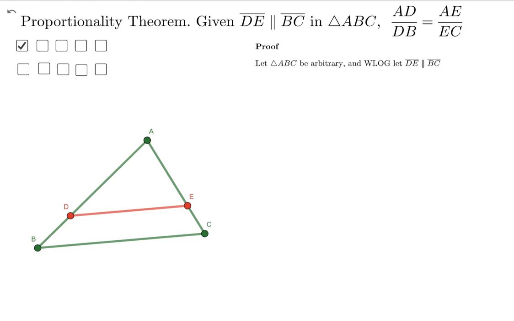Right, so the setup is that we have some arbitrary triangle and you pick any point, let's say on the segment AB, you draw a line that's parallel to the opposite side, so it's parallel to BC.